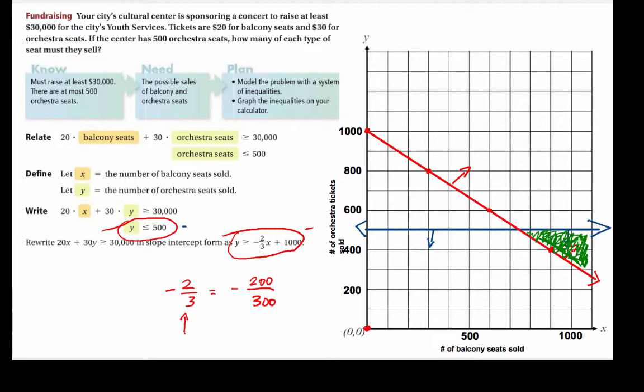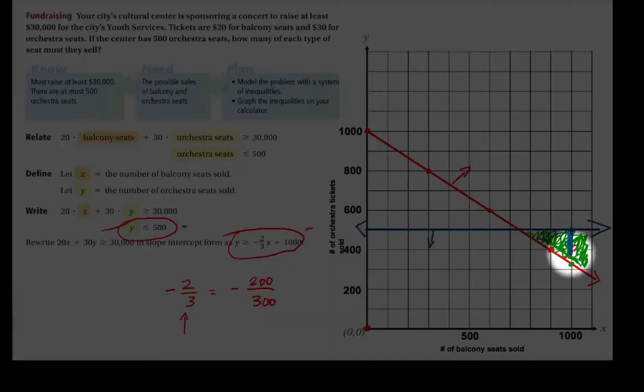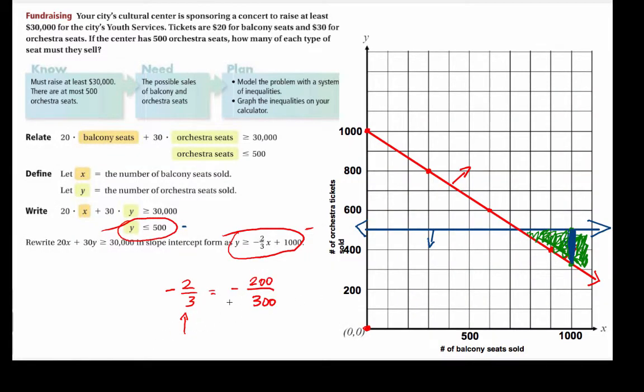So, for instance, if they sold 1,000 balcony seats, anywhere in this green area, we could go from here up to here, okay? So in this range right here of orchestra seats, if they sell 1,000 balcony seats, any corresponding number of orchestra seats on this blue little segment that I drew here would represent a combination of balcony and orchestra tickets that would raise the $30,000.